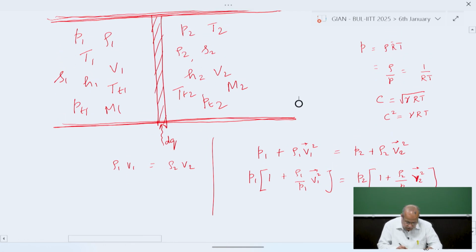So when we apply it, you can write P1 into 1 plus, in place of ρ1 by P1, I can write v1 square by RT1. Is this okay?